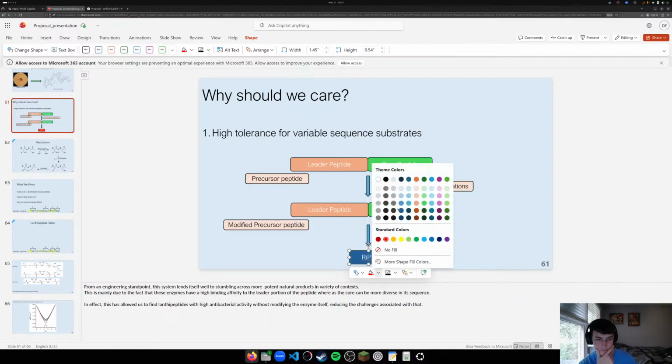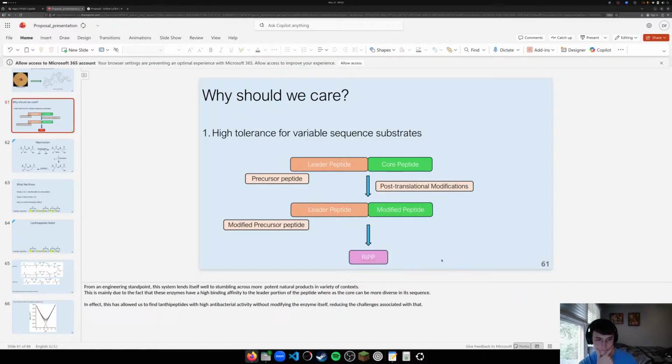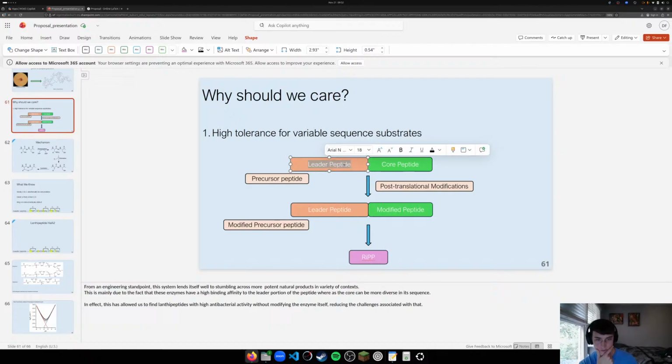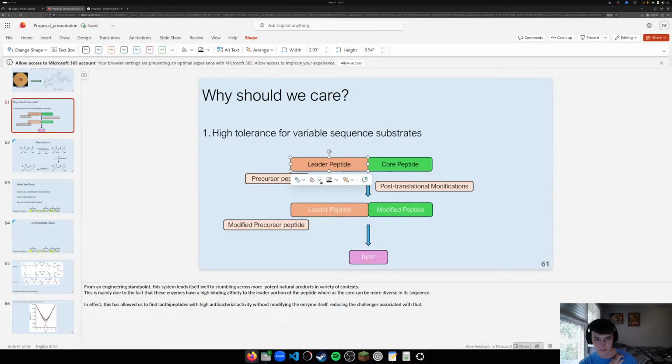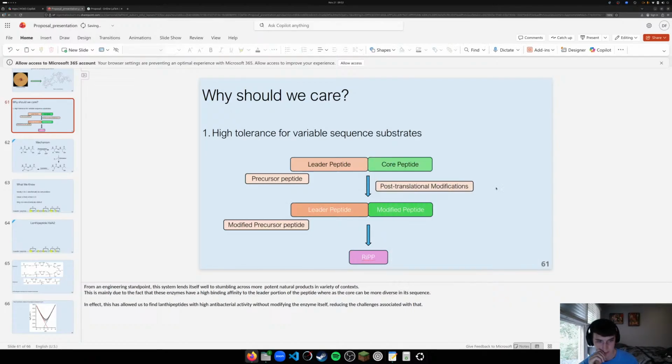I needed a break anyway. Should I make this black? Yeah, I think that looks a little bit better. Oops. Like a light green.